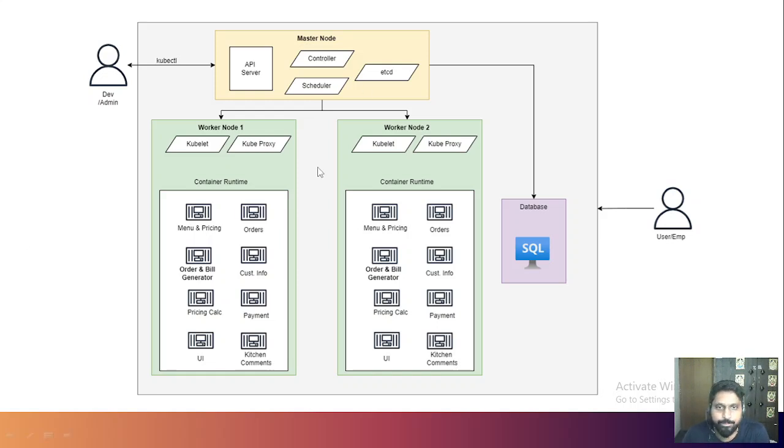Before I explain the architecture, you may have noticed, and I mentioned it as well, that order and bill generator was running as 2 different containers, but here it's running as a single container. So order and bill generation are not that different. It's not independent, it's dependent on each other.